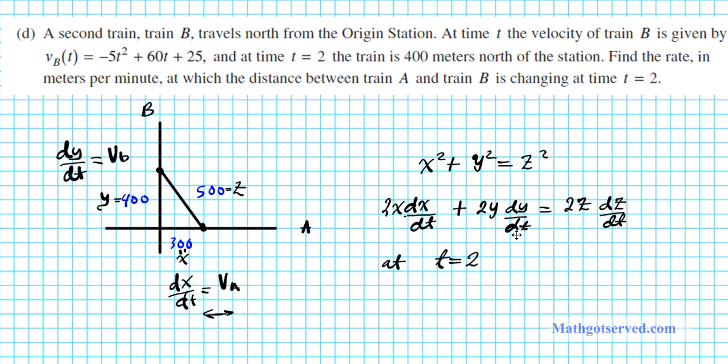So we have x is 300 times dx dt, the velocity of the A train at 2, plus, the 2's cancel, since I divided everything by 2. y is 400, and dy dt is the velocity of the B train. We want to evaluate it at 2 also, equals z, which is 500, times dz dt. dz dt is what we're looking for, the rate at which the distance between the two trains is changing.